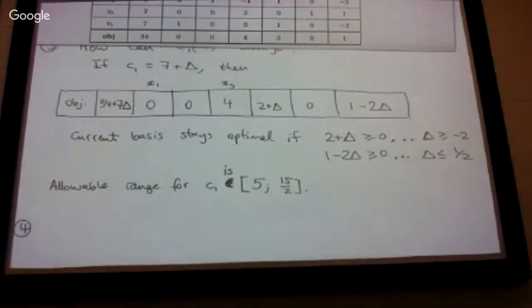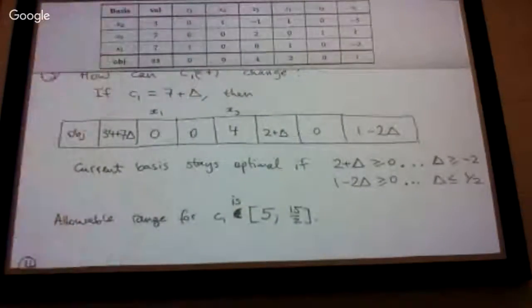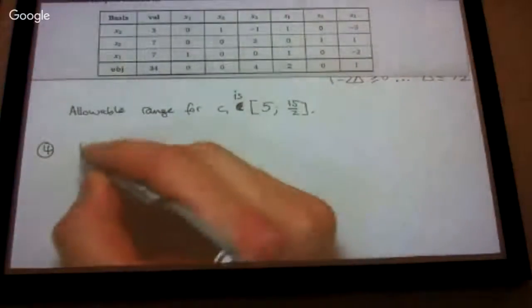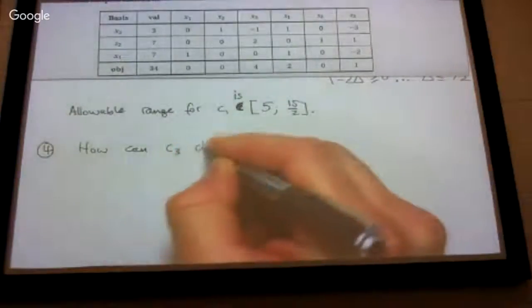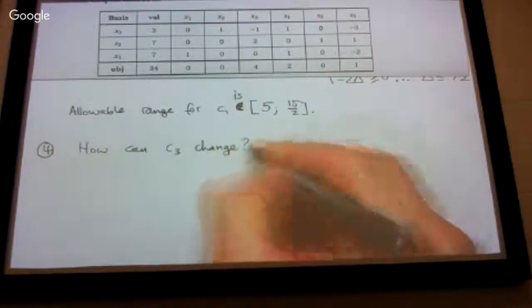And kind of the last question that we can ask is, what if C3 changes?